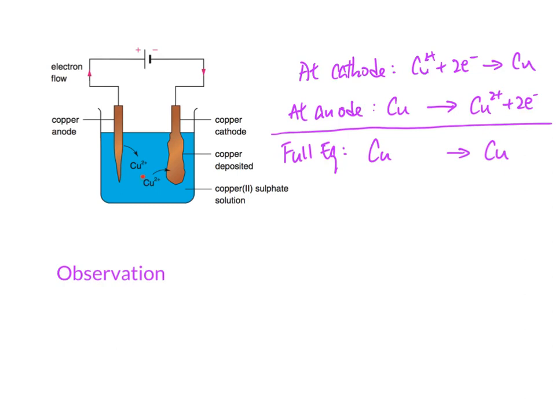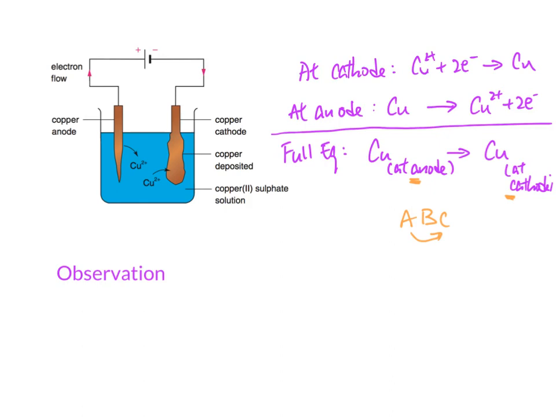Once you lose it at the anode, you stick it on the cathode. So we'll say Cu at anode will become Cu at cathode. It is pretty easy to memorize: A, B, C, from A to C. From the anode the copper will dissolve and then form on the cathode.